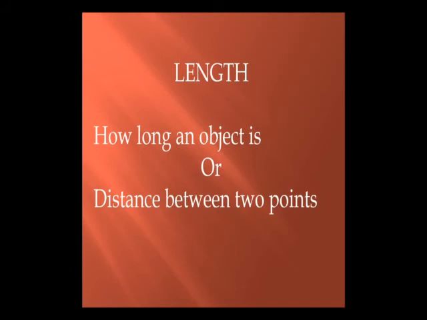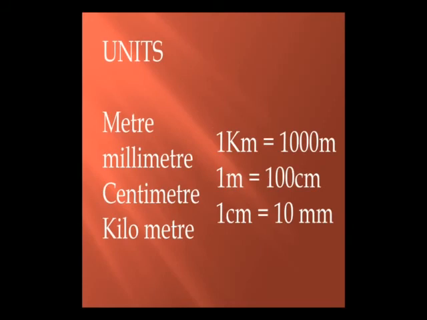So what is length? Let us summarize. Length measures how long an object is, or what is the distance between the 2 points. What are the various units of length? Obviously, they are meter, millimeter, centimeter and kilometer.